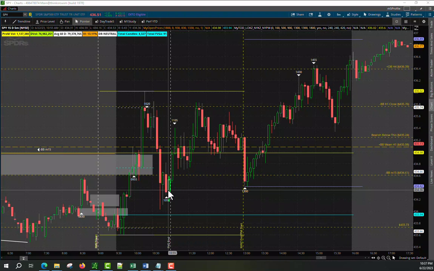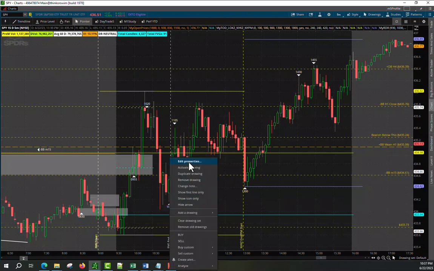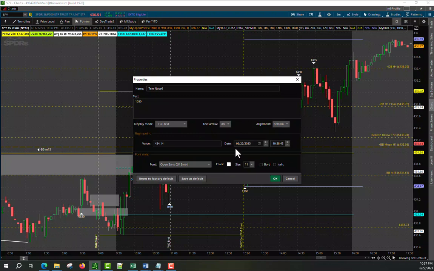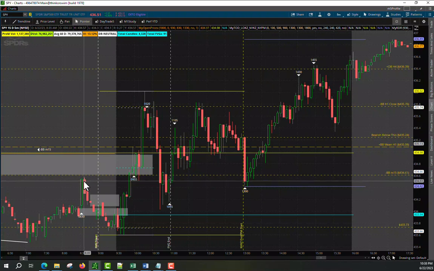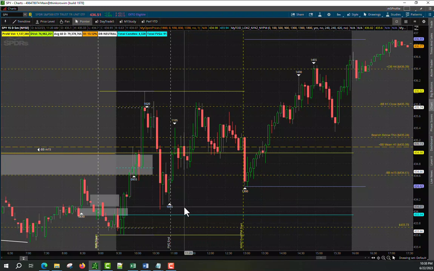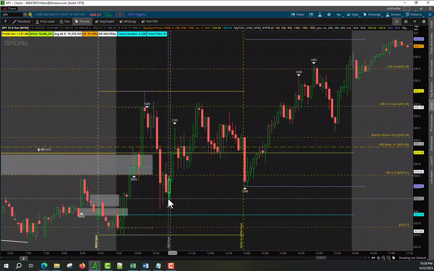I think 55 is much better right here. I see 55 better. That's the entry for the unicorn setup, which is basically a breaker and the fair value gap retest, and the fair value gap overlaps with the breaker, so it's a unicorn right there. That's the entry for this.